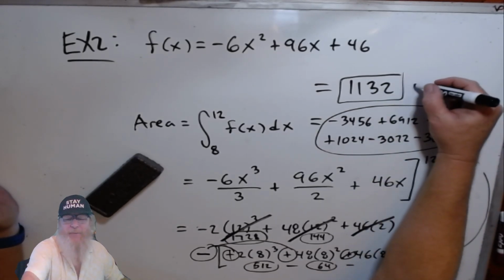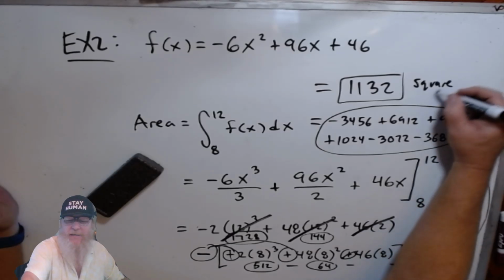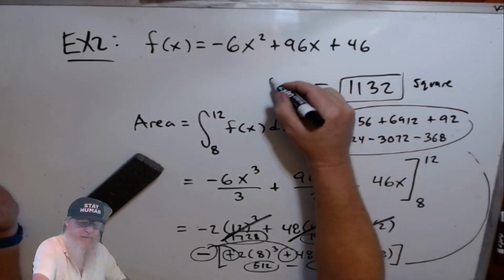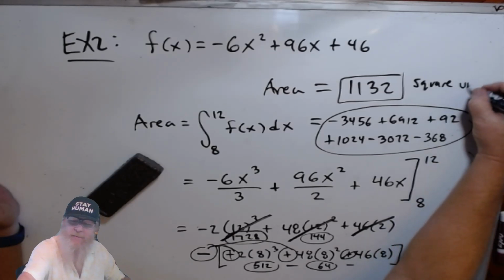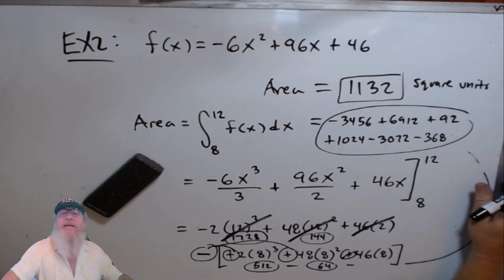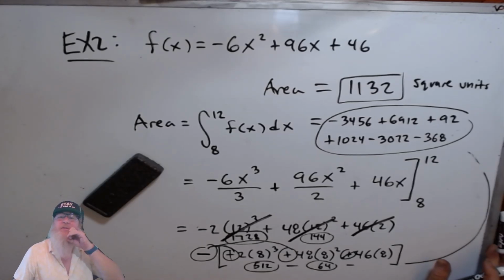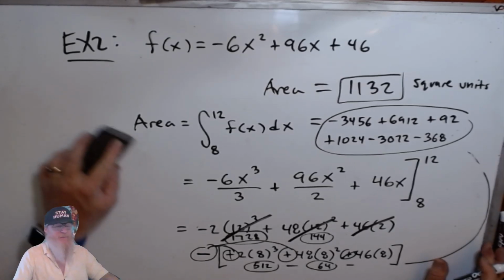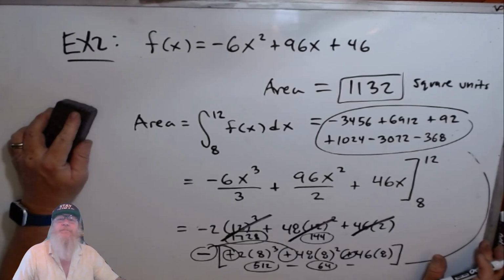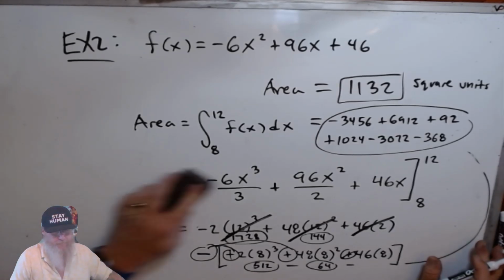You could just type 1132, but it is technically a measure of area. Since we're not using meters or feet or centimeters, we have 1132. All right.